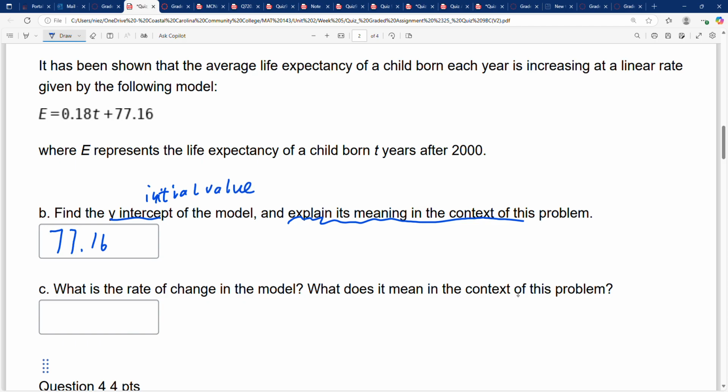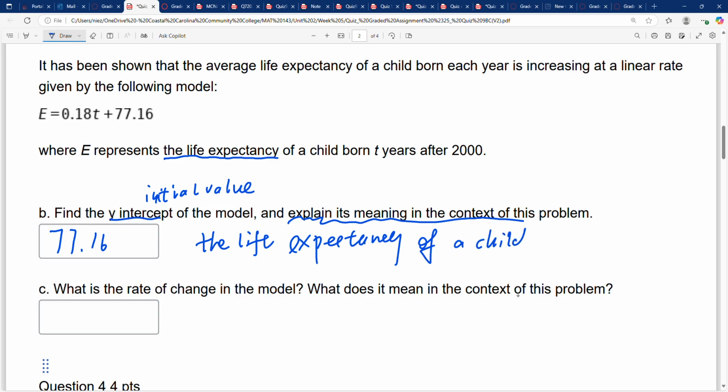And here, the meaning in the context is that the life expectancy of a child born in 2000 is 77.16.